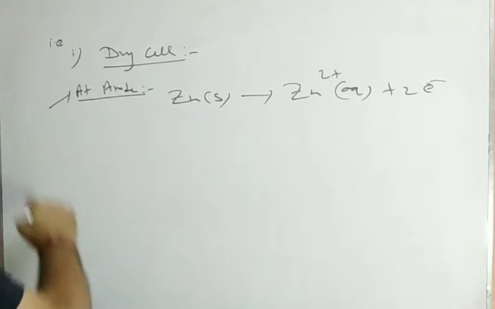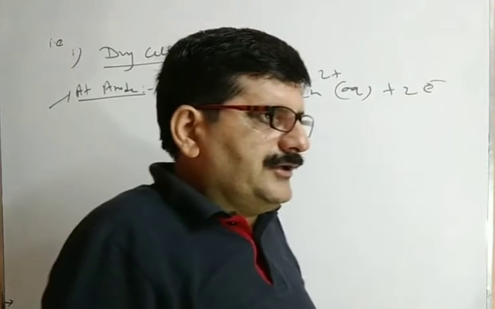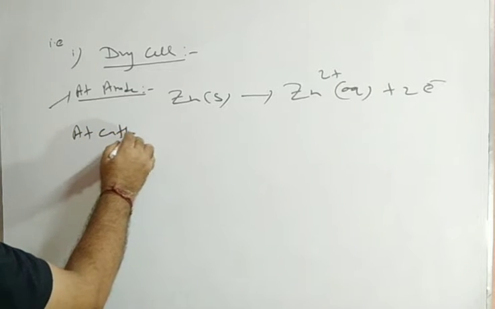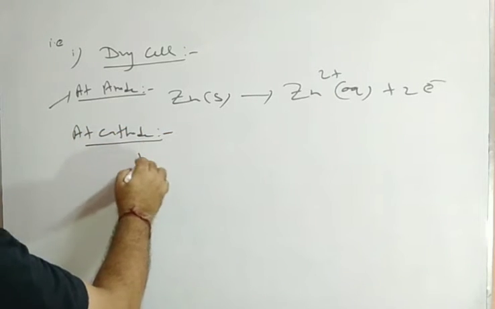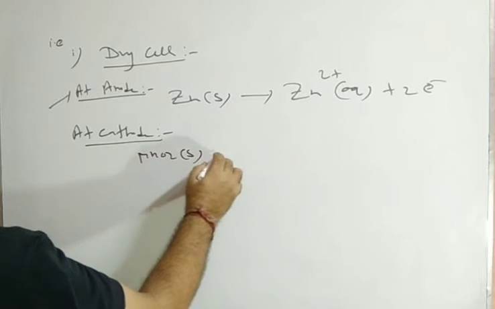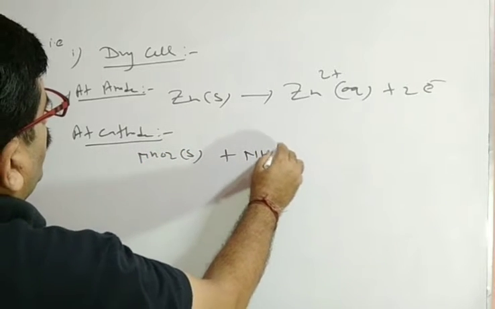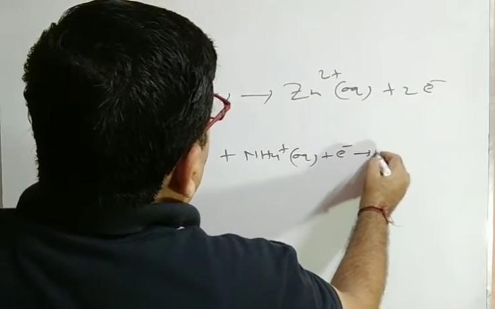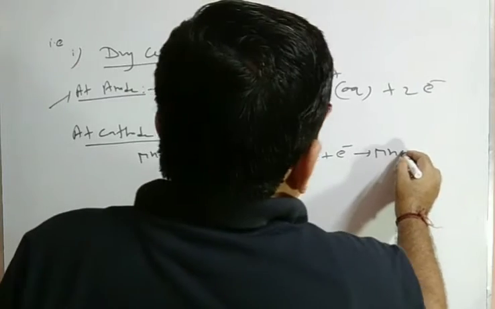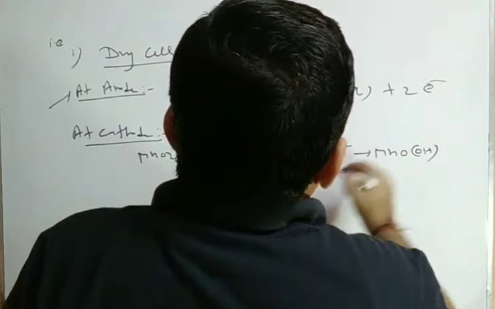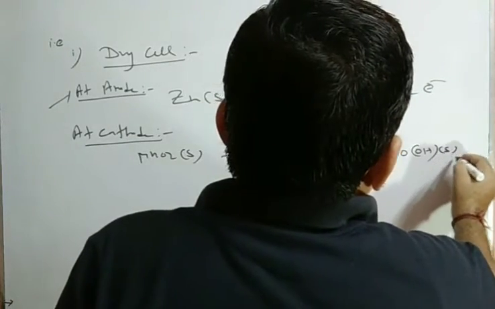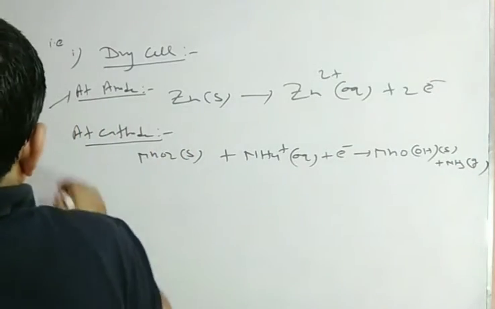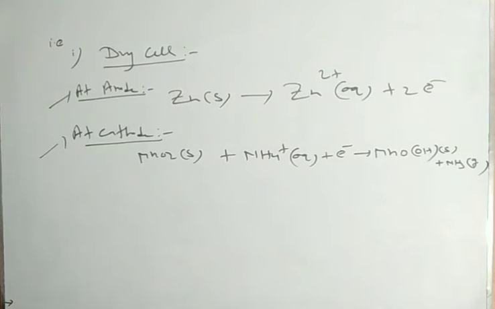You know very well, oxidation always occurs at anode. At cathode, solid MnO2 plus aqueous ammonium accepts one electron to form solid manganese oxyhydroxide plus ammonia gas. Reduction always occurs at cathode.